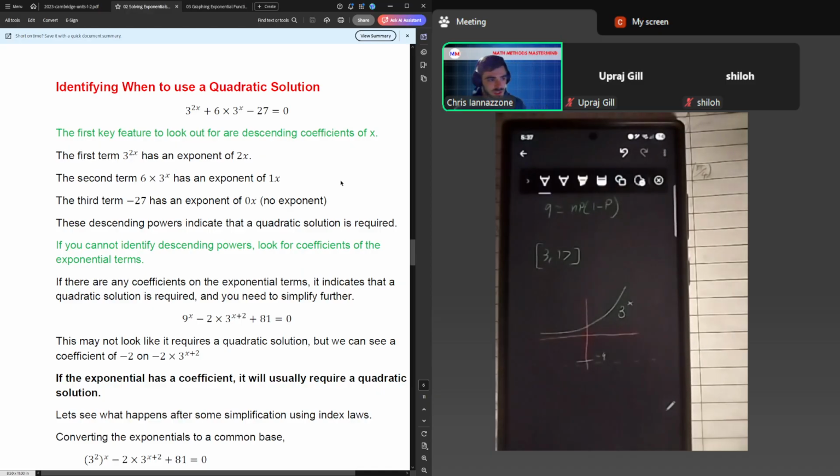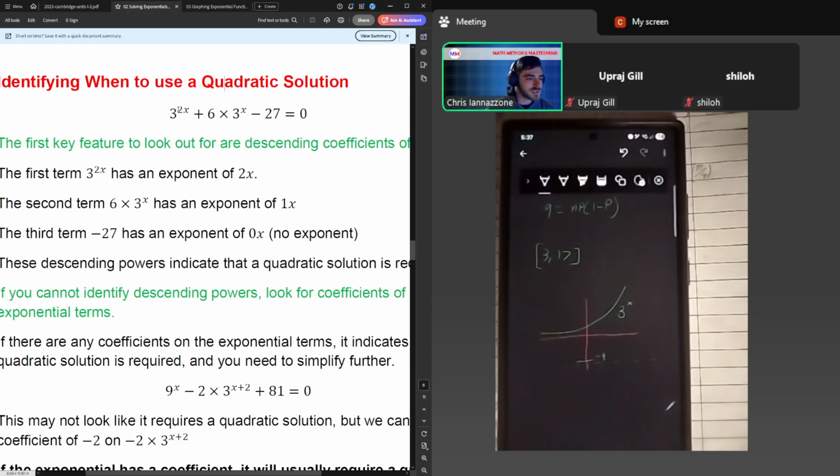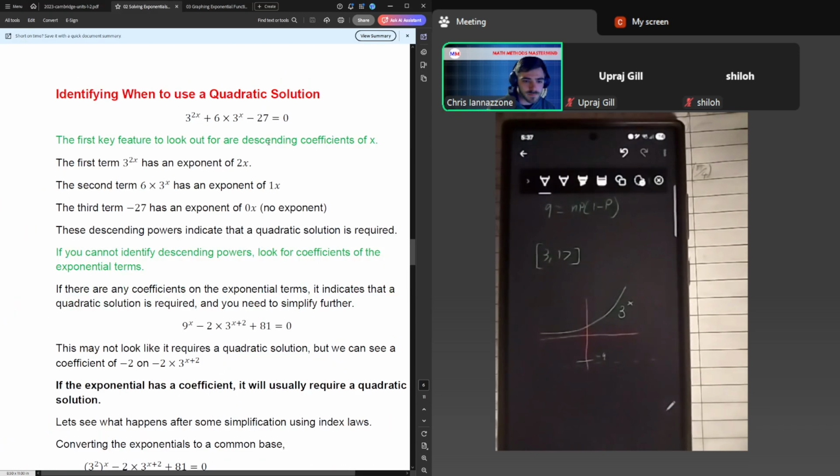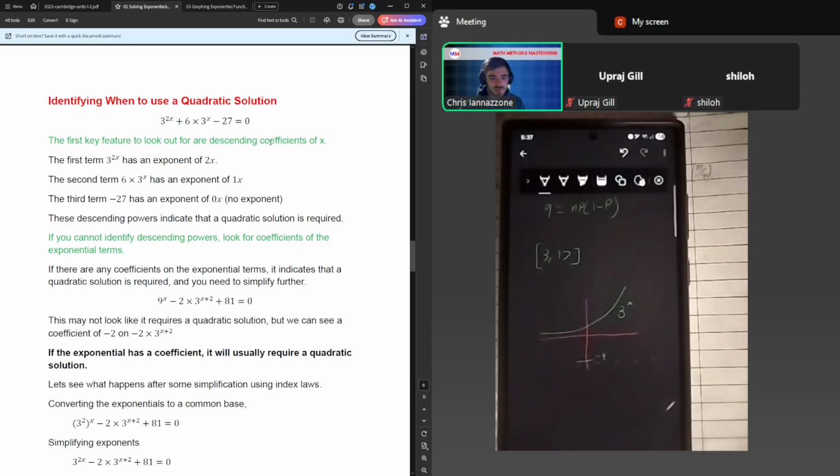So, first thing to look at, I kind of pointed out a bit earlier, which is when you have these descending coefficients of x. So you're looking at like a 2x, a 1x, a no x sort of situation. All right, that's pretty indicative of quadratics. You got that descending rate. Worth also pointing out, it doesn't necessarily need to be 2, 1, 0.